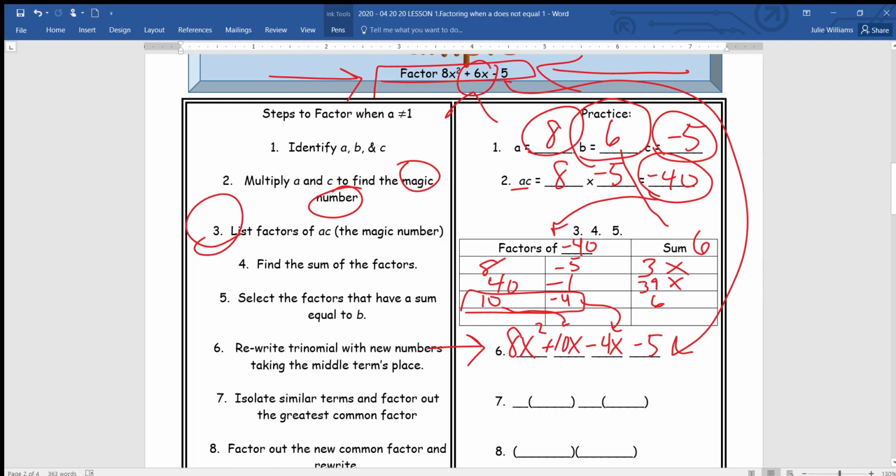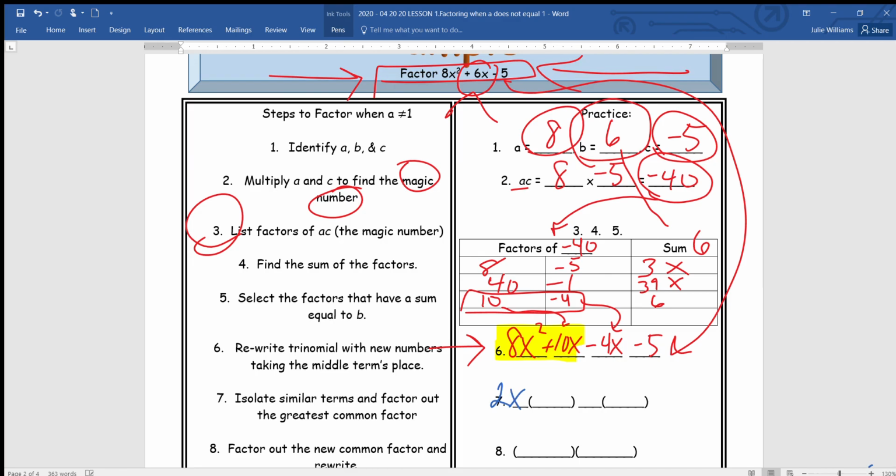Okay, so again, just like in the last problem, we're going to look at the first two terms. We look for the greatest common factor. Well, they're both even, and they're not both divisible by 4 or 5, so I'm going to factor out a 2. And they both have an x, so I'm going to factor out an x.